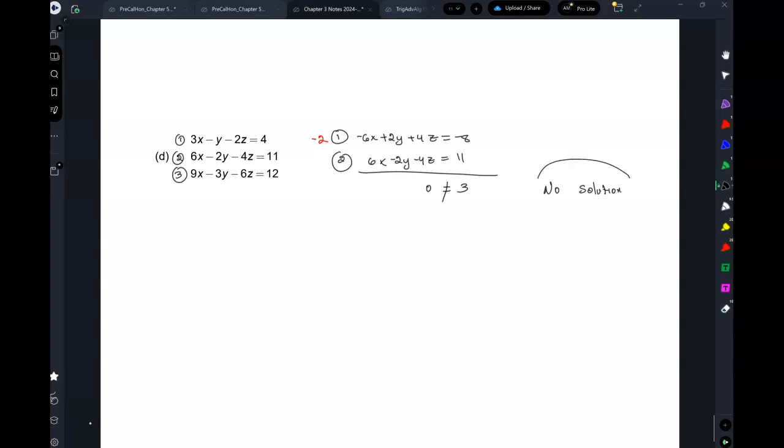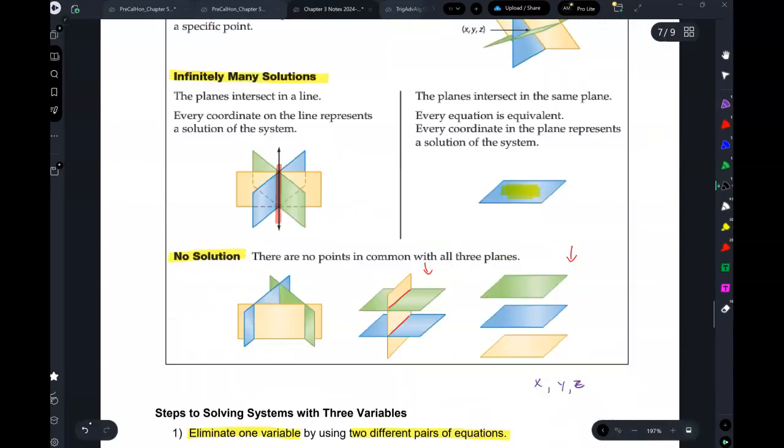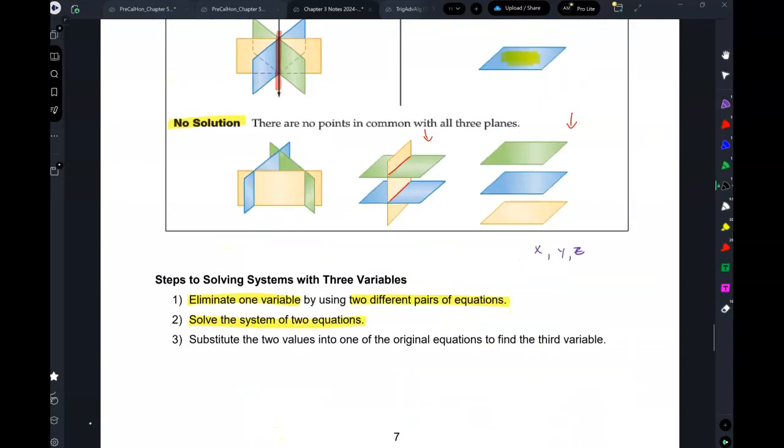Now, I need to tell you something else. So we know that no solution can look different, right? You have 3 different situations of how no solution can look. If you're in this situation here, no matter what 2 equations you use, you're always going to get no solution from the get-go.